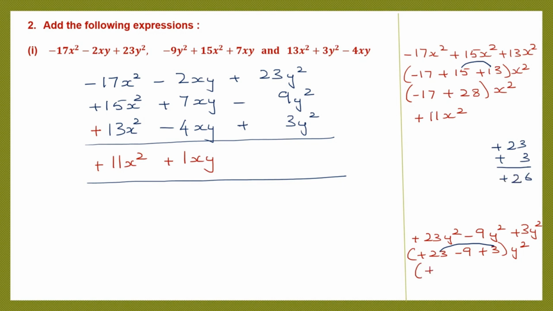So this will be plus 26 minus 9y square. So let's subtract 26 minus 9. Now I have to borrow. So 16 minus 9 is 7 and I have 1 here. So that is 17y square. So signs are different. So put the sign of the bigger number. So that becomes plus 17y square. So my answer is 11x square plus 1xy plus 17y square.